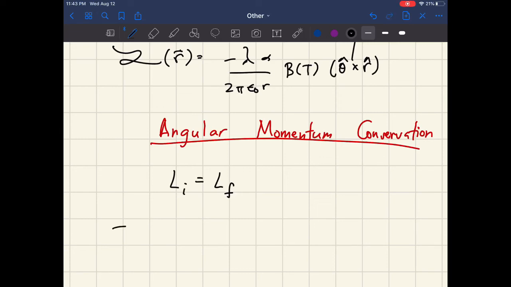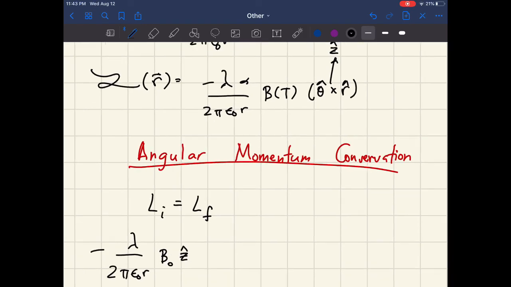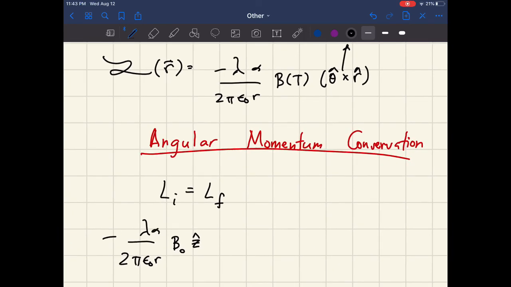So what we have is negative lambda over 2 pi epsilon naught r times B naught z hat times alpha, and that's your initial angular momentum. That's equal to Li.